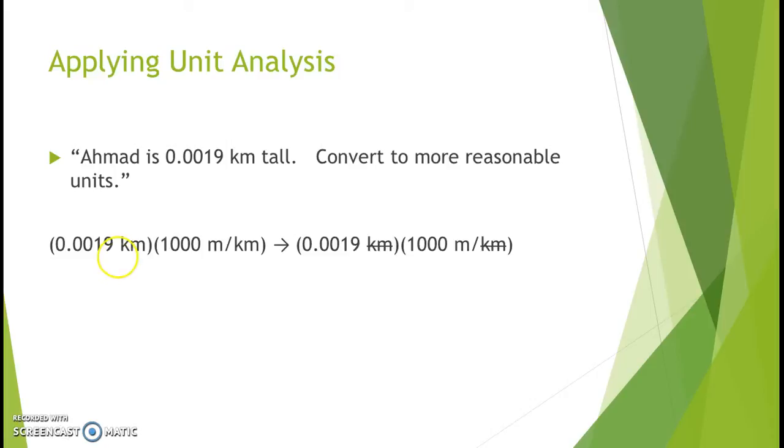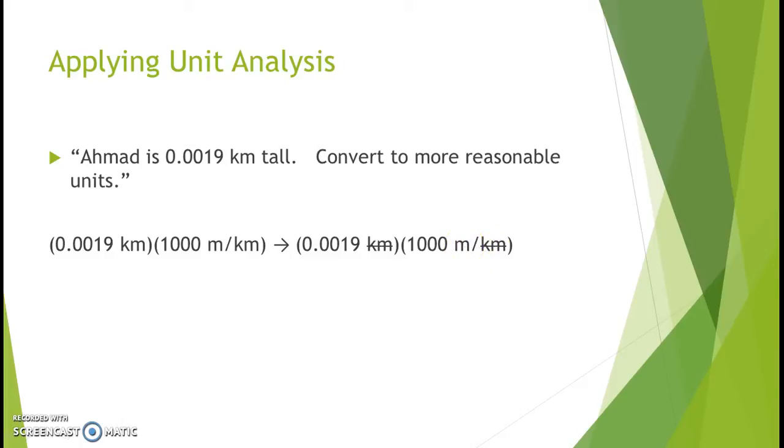And we use that idea of 1,000 meters per kilometer. We multiply it out, and you can see that kilometers is on the bottom and on the top. So we can cancel these 2 out, 1 on the top, 1 on the bottom. They cancel out and leave us with just meters.